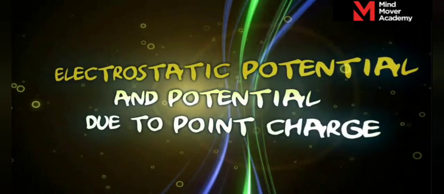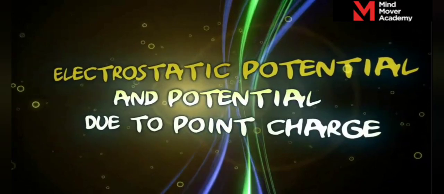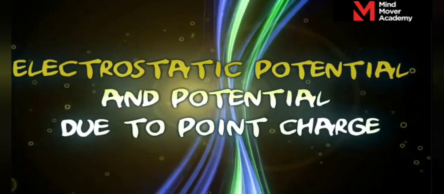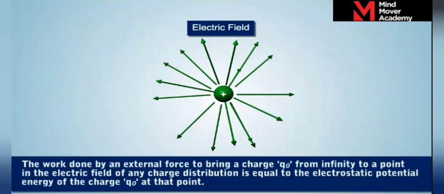We will be studying the concept of electrostatic potential and potential due to a point charge. In the earlier module, we have learned that the work done by an external force to bring a charge Q0 from infinity to a point in the electric field of any charge distribution is equal to the electrostatic potential energy of the charge Q0 at that point.